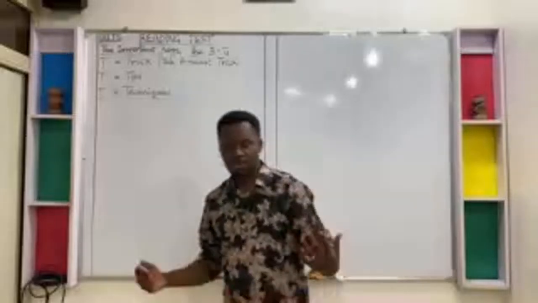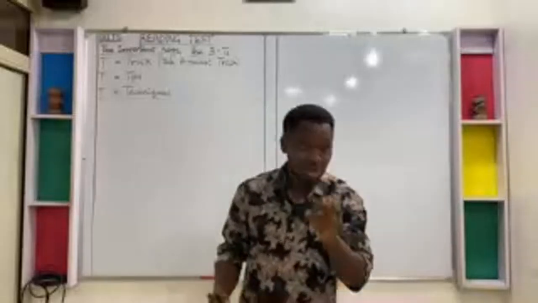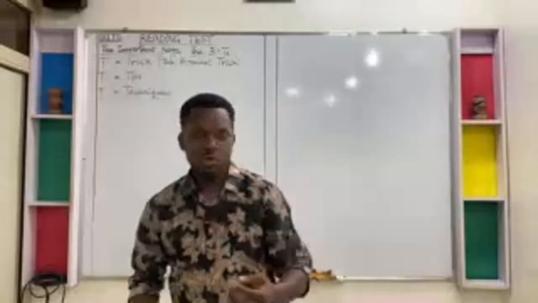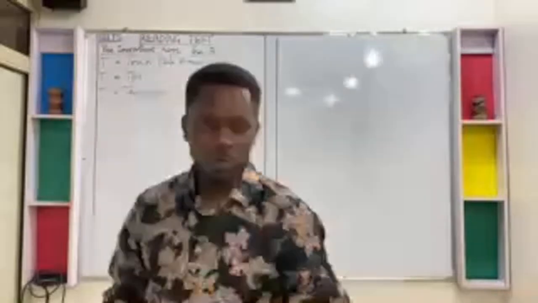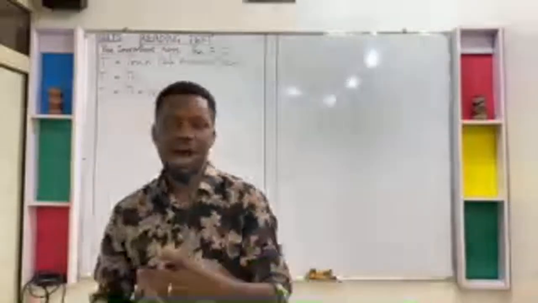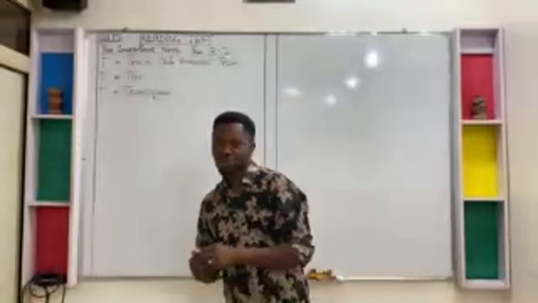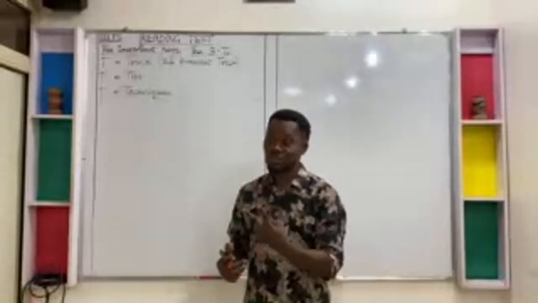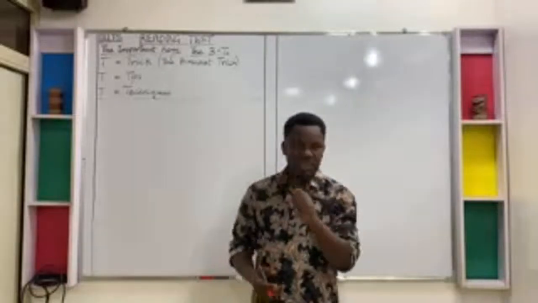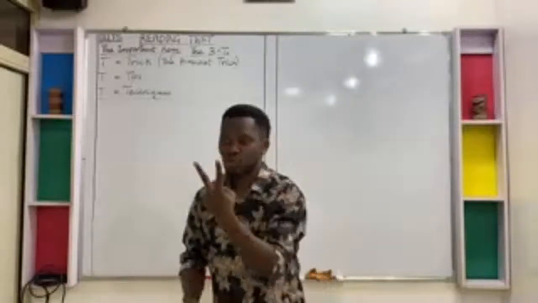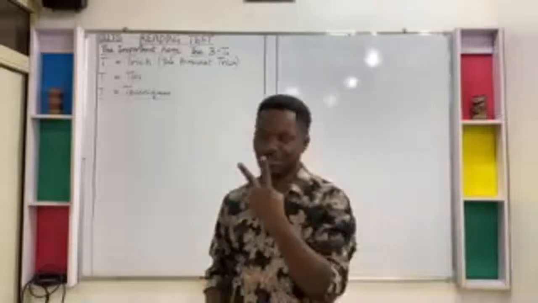And we also learned about the interpretation of this instruction. What does it mean? When an instruction says write no more than 2 words and or a number, what does it mean? It simply means your answer should not go beyond 2 words. That's the emphasis. However, it's not still compelling you to write 2 words all through.